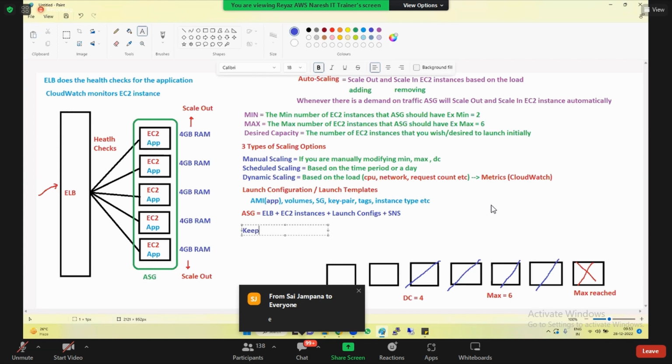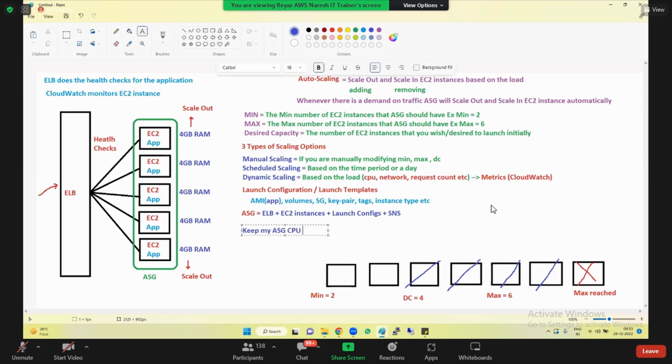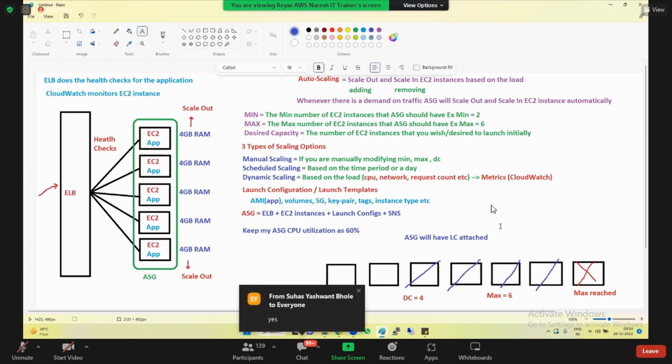That's why creating an auto scaling group is very easy now. You just say, keep my auto scaling group CPU utilization at 60%, for example, and then it's done. The auto scaling group has the launch configuration attached, which is why whenever it launches an EC2 instance, it uses this launch configuration. Everyone clear on this auto scaling group? Everyone clear, guys? Before I go to the next topic.